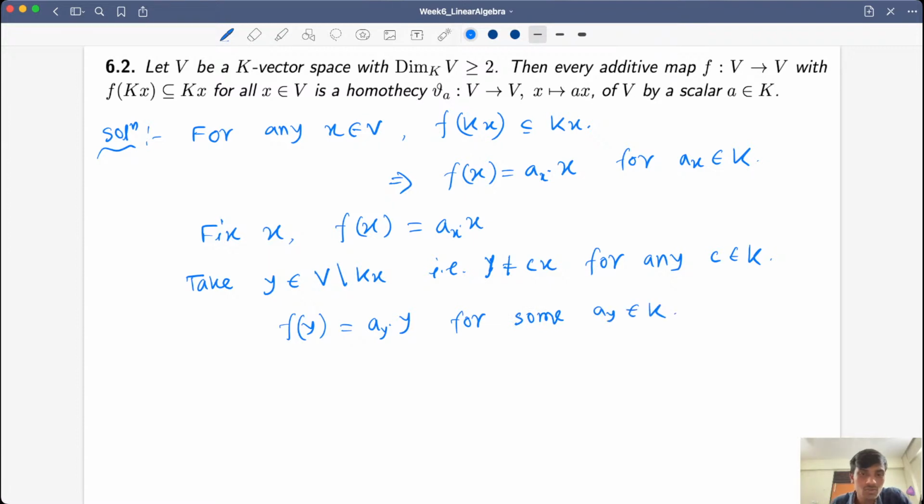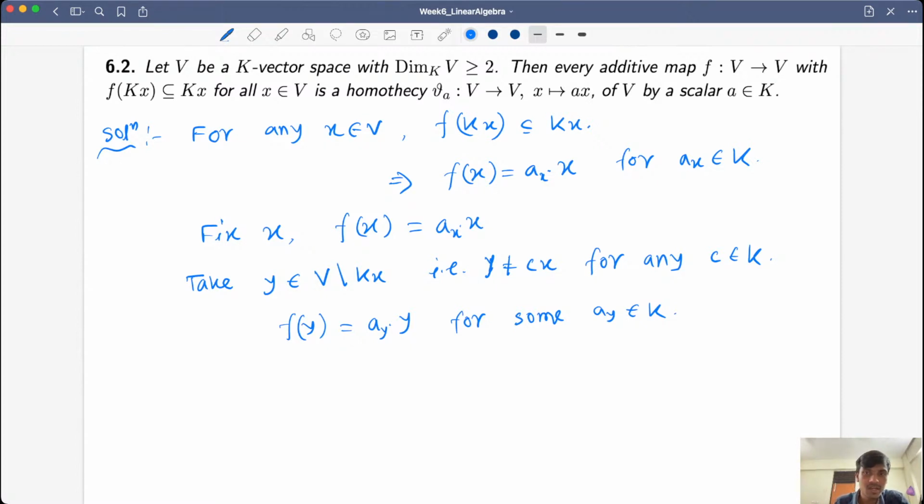But if I can show that a_y is equal to a_x, then a_x and a_y are the same for all y, with x fixed and y varying. So take a_x equal to a_y equal to a, and that will solve my requirement.